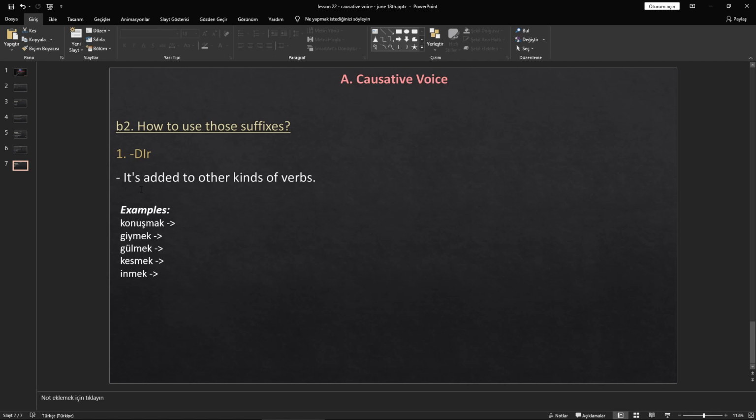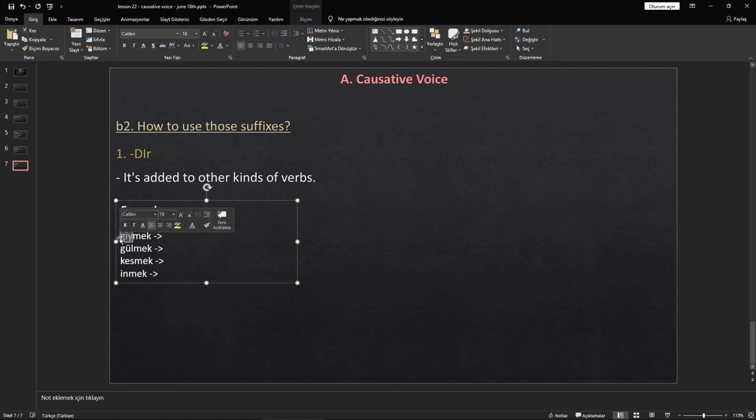And by the way, Megan, I said that the number of syllables doesn't matter. You can see an example here. There's giymek, which is one syllable, but still we use dir, not ır. And konuşmak. Konuşturmak.